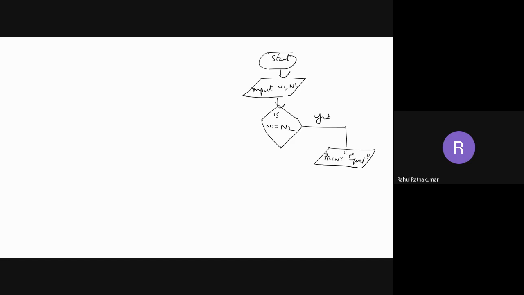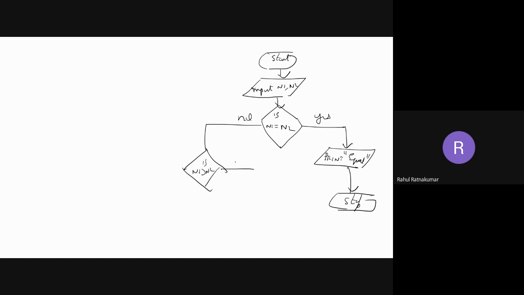So whatever needs to be printed in the output display, I'm just putting in quotes: equal. Then I can definitely stop my flowchart. Now if they are not equal, I can continue with the earlier idea. Is n1 greater than n2?